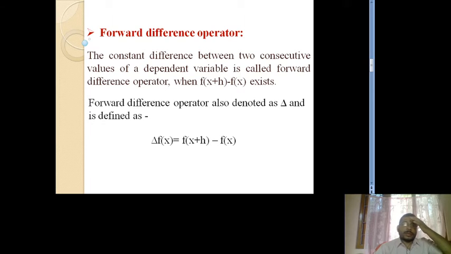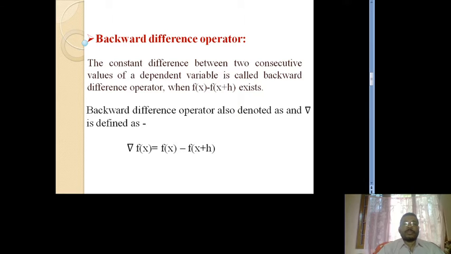And it is very important to say here that the forward difference operator only takes place when the intervals of the independent variable are of equal width. Forward difference operator may also be defined as delta, so delta f of x is equal to f of x plus h minus f of x.